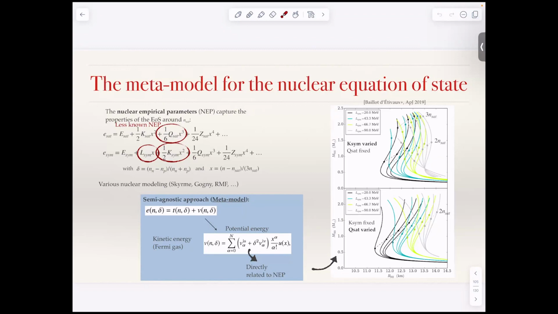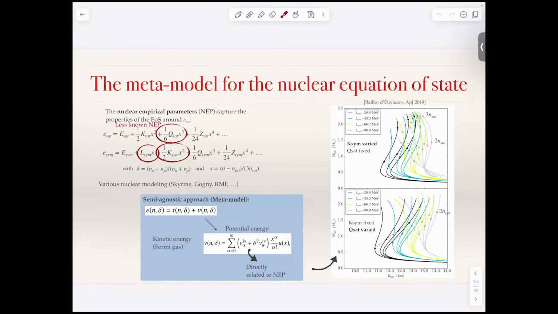But I never say it's diagnostic. So it's a way to represent the equation of state.